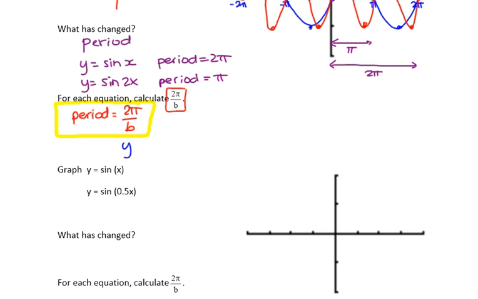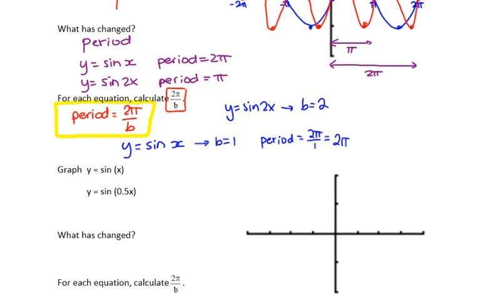What's the b value of y equals sine x? You don't see it. What's the coefficient in front of x? B is 1. So the period would be equal to 2 pi divided by 1, which is 2 pi. For the equation y equals sine 2x, what's the b value? 2.